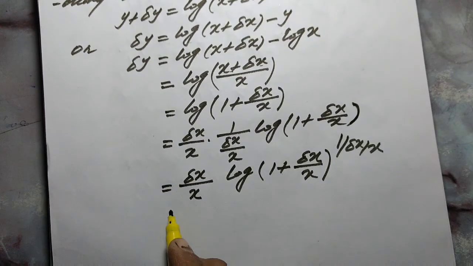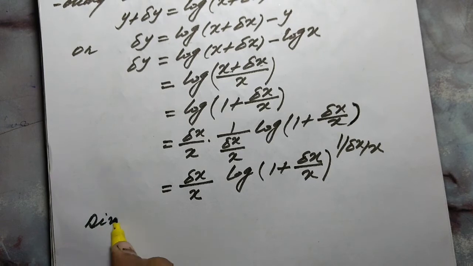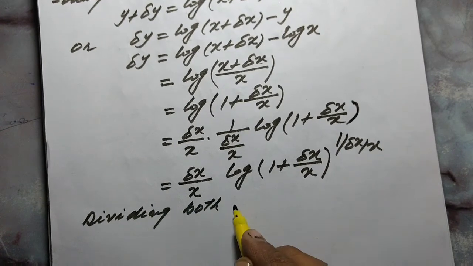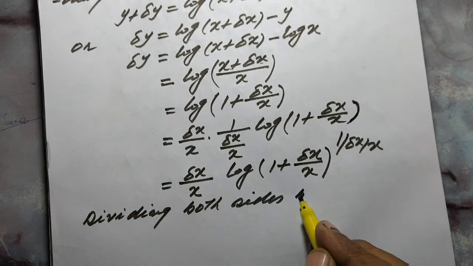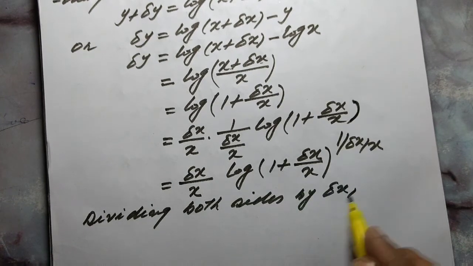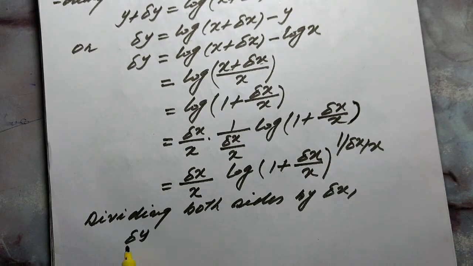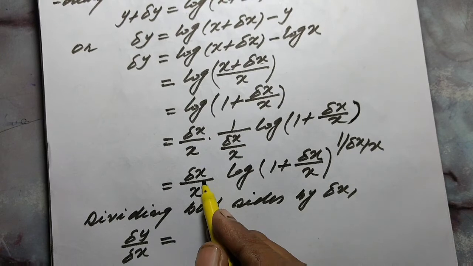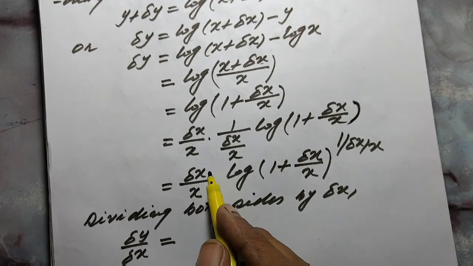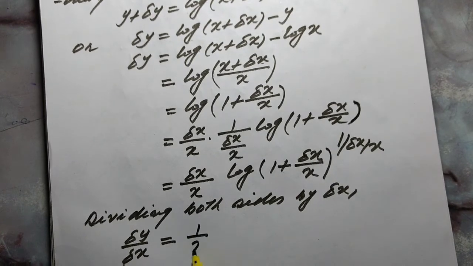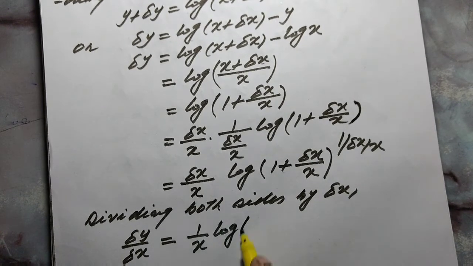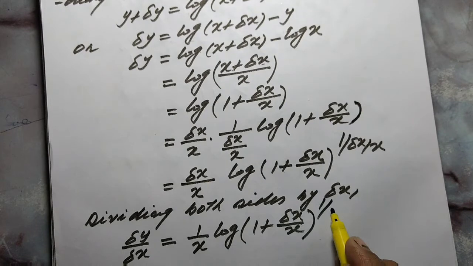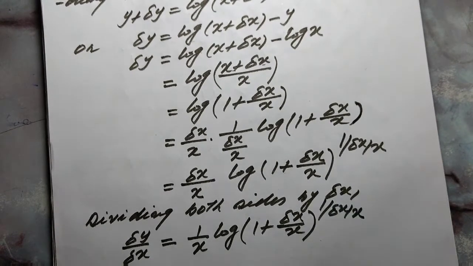Now dividing both sides by delta x, we get del y upon del x is equal to, if we divide by delta x from the denominator, it will cancel the delta x from the numerator and we have only 1 upon x, and log 1 plus delta x upon x raised to the power 1 upon delta x upon x.